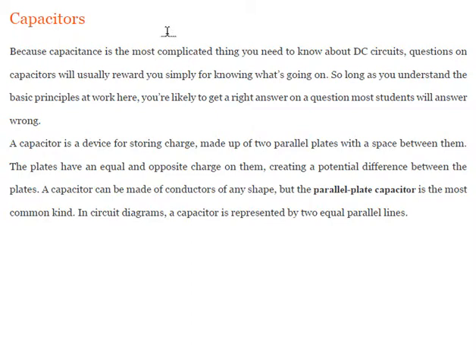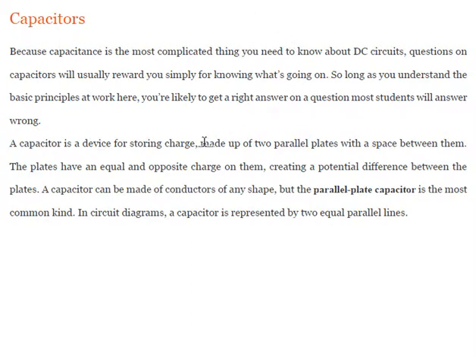Some things are kind of involved, but none of it is really impossible to work with. A lot of it is just knowing basic principles and nothing super complicated.